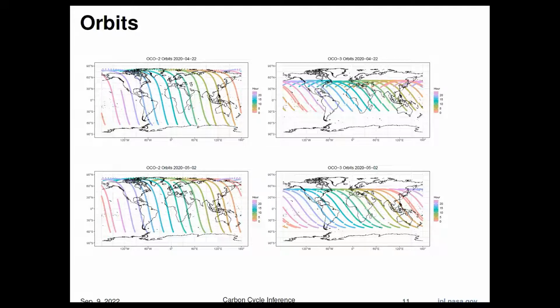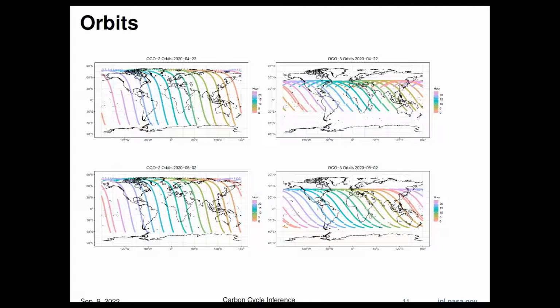The 2 rows are just 2 different days that I selected in 2020, and the column on the left is the observations from OCO2 on that day, and the right is OCO3. OCO2 has this regular pole to pole observing pattern. Each one of these lines is essentially a single orbit of OCO2.